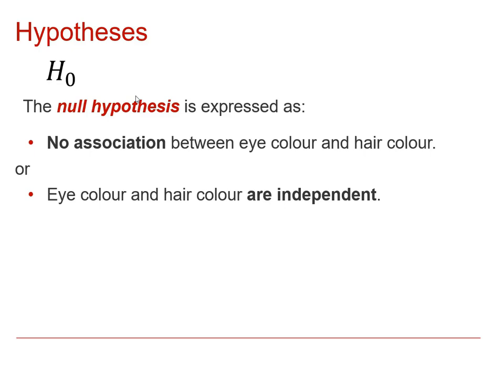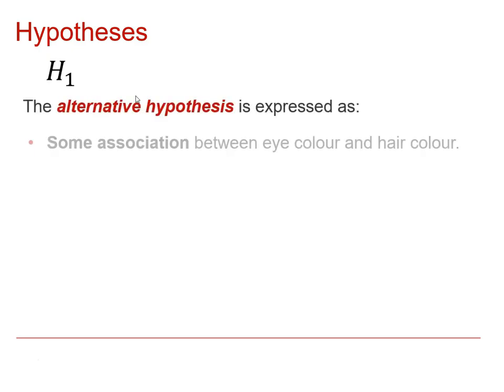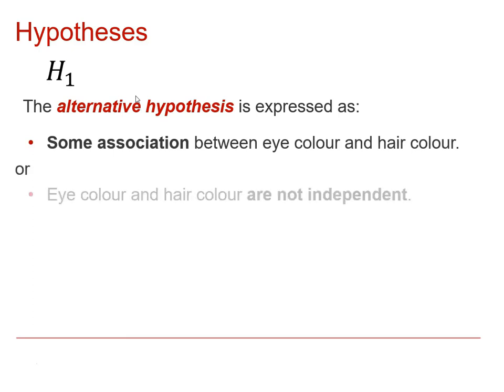Note that we do not use the word correlation. The alternative hypothesis is either some association between eye colour and hair colour, or eye colour and hair colour are not independent. I would stick with not independent because dependent has a subtly different connotation that is not what we mean here.